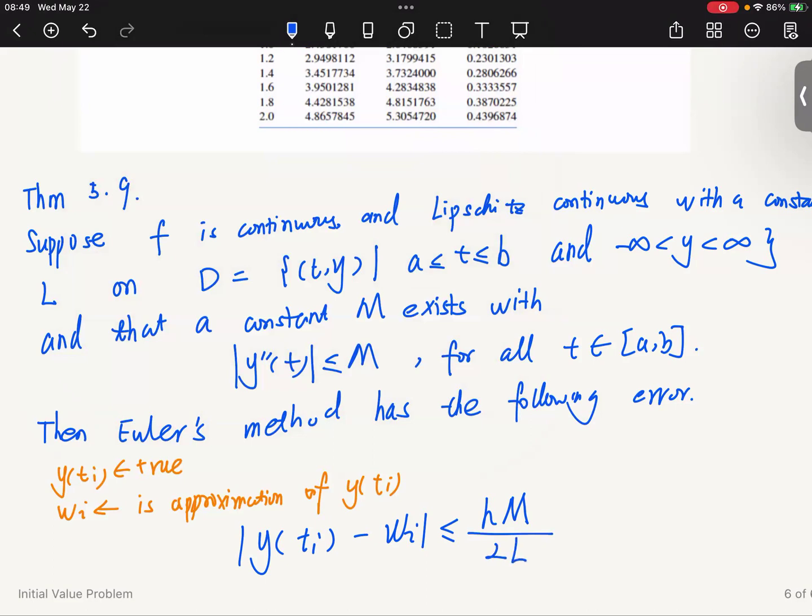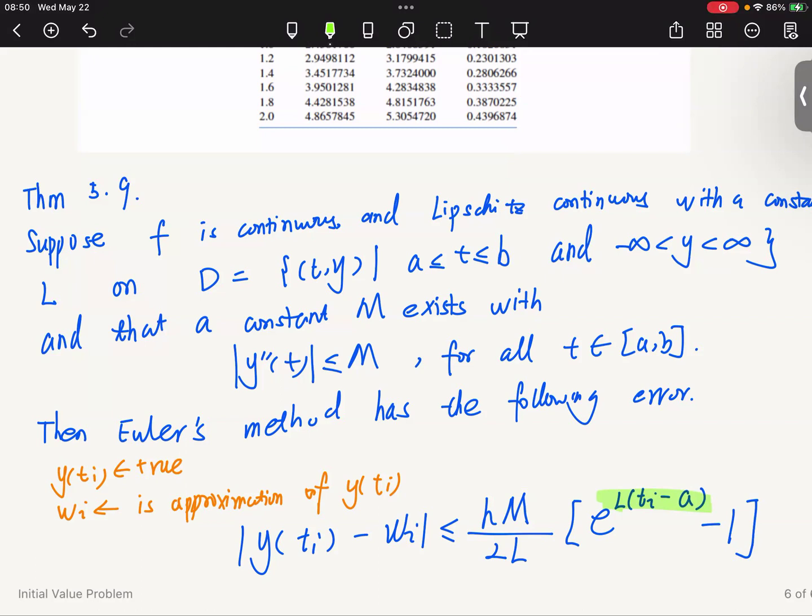L is the Lipschitz constant, and you will see there's another term on the right hand side, which is e to the L times (ti minus a) minus 1, where a is the beginning point of the time interval. Let's focus on this term, ti minus a. This is why we have larger and larger errors throughout the time: when we increase ti, this number becomes bigger and bigger.